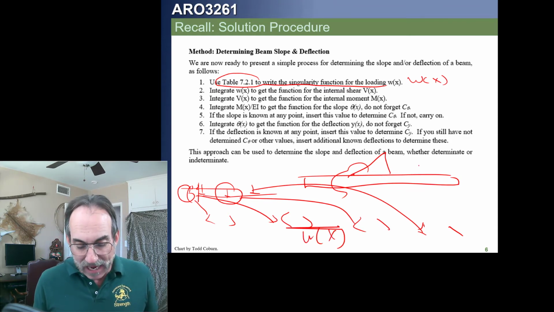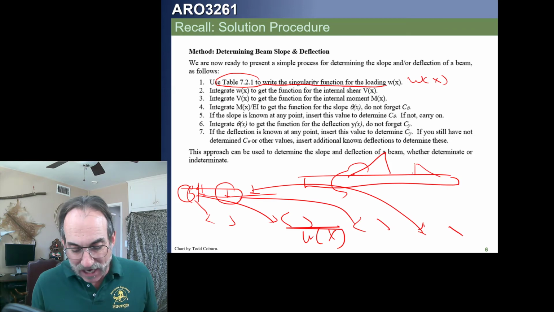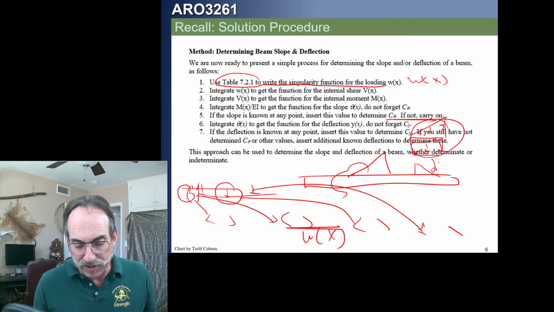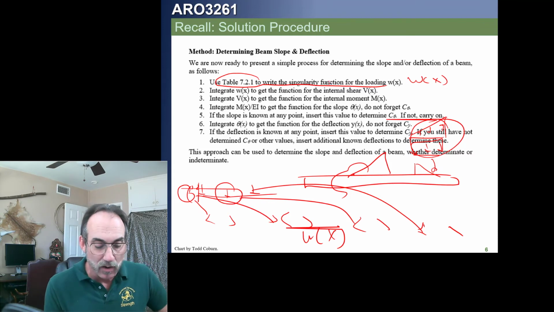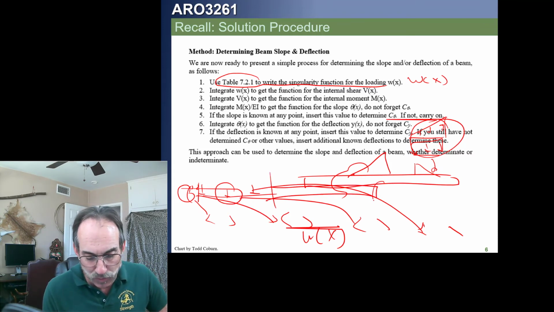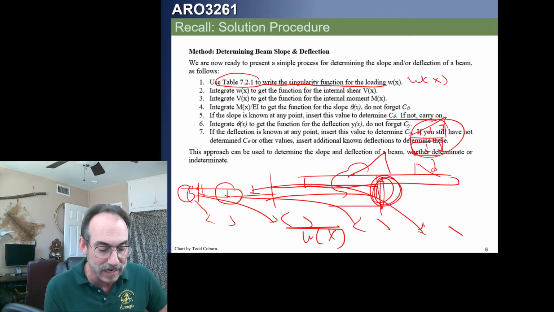If we have a function that is not shown in our handbook, like this one, we may need two terms. We need to approximate it with a down force distributed and an up distributed, and the summation of which becomes this, as it talks about in the handbook. So we write our singularity function for the entire loading from the left end to the right end, although we don't need any terms that appear at the full right end.